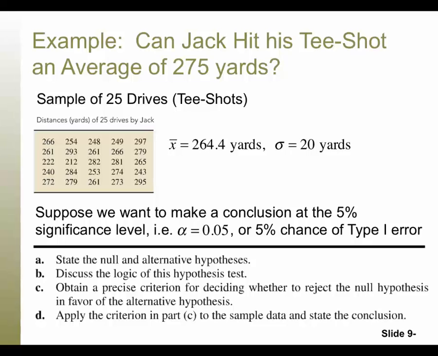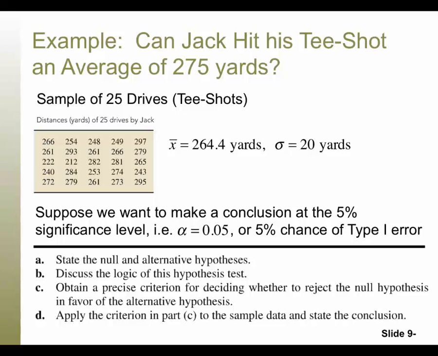That means finding the z-score of the sampling distribution, which gives us an indication of where that sample falls, and comparing it to the z-score for our significance level.